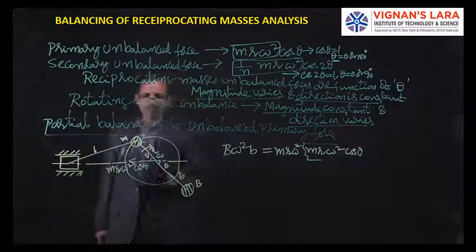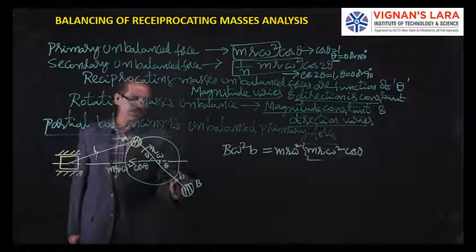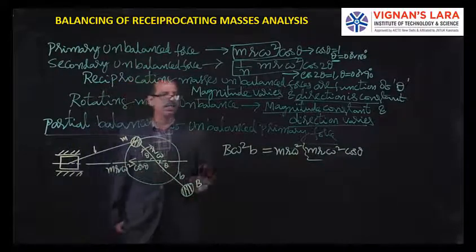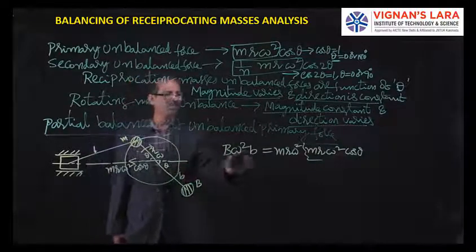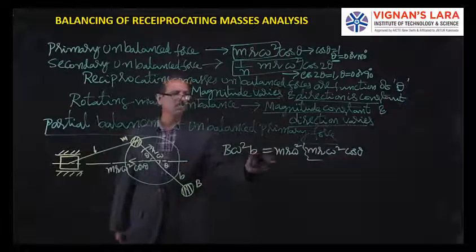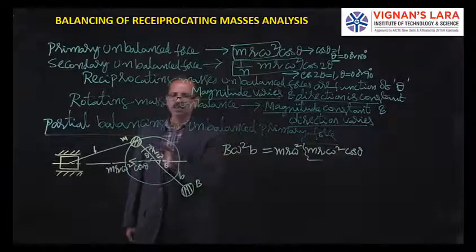What I did, let me assume there is a mass at capital B with a radius of b kept like this, which gives me a component of centrifugal force of b omega square b, and if I equate b omega square b to mr omega square, then it is going to be balanced.